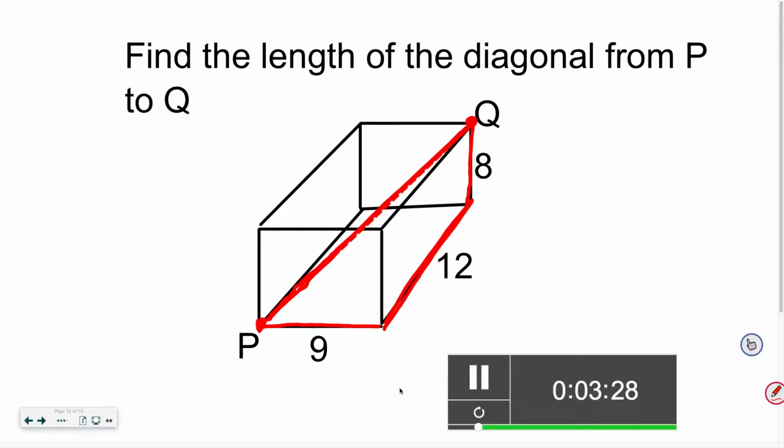If you don't have a right triangle, remember what we just did. We created one.